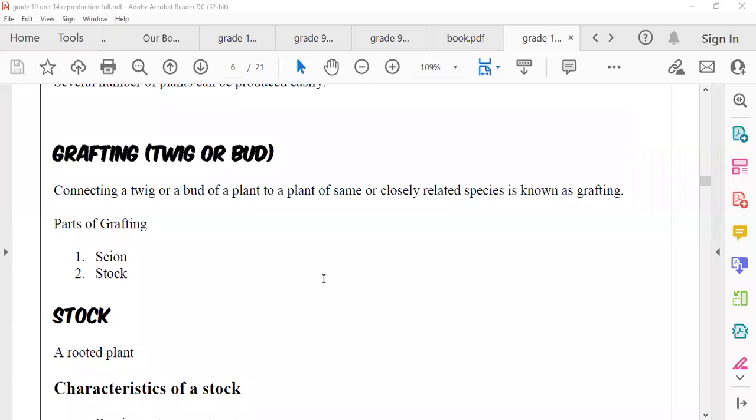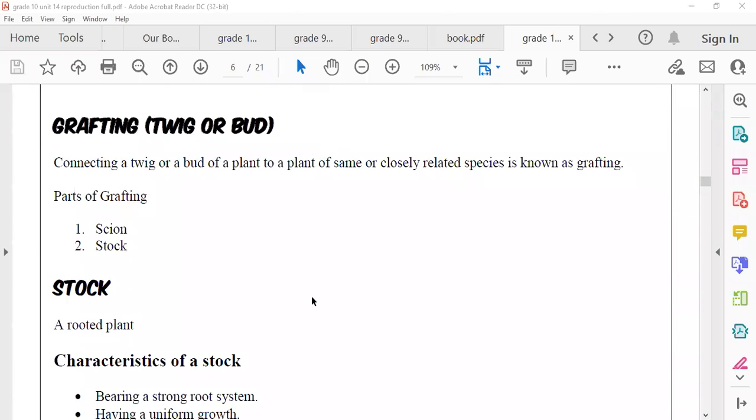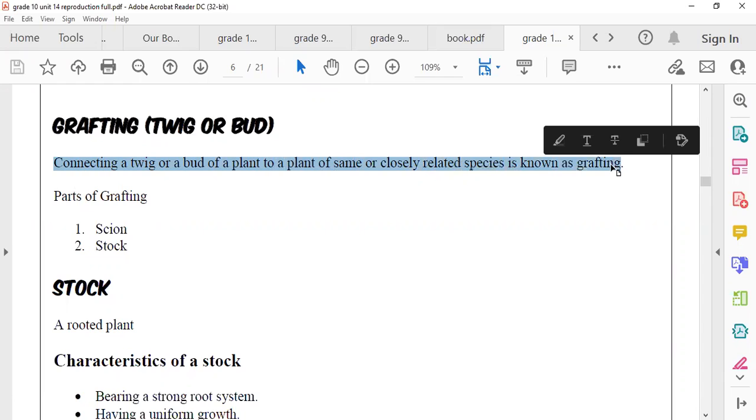Grafting can be defined in this manner: connecting a twig or a bud of a plant to a plant of the same or closely related species is known as grafting.